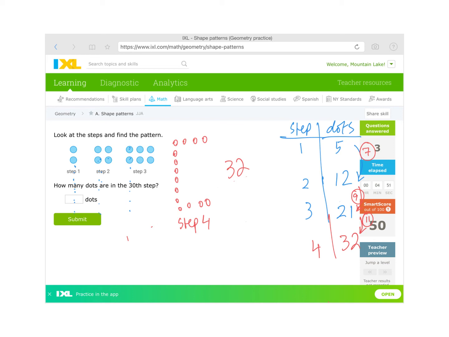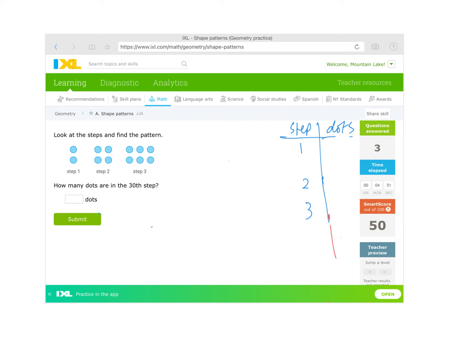Let's look at this sequence. It's going from 2 to 4 to 6. And we want the 30th step. So 2, 4, 6. We want the 30th step.